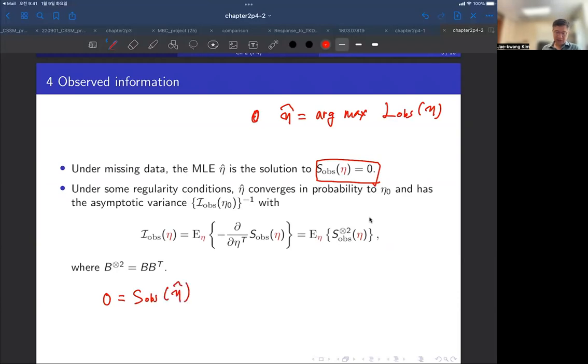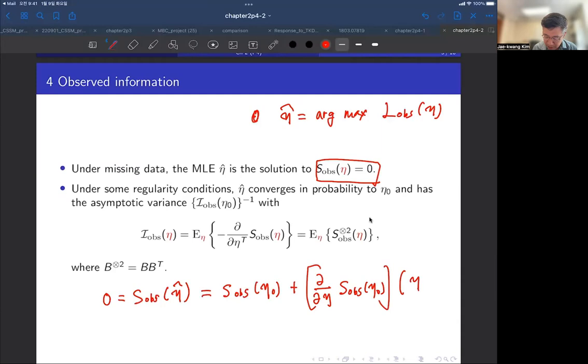The MLE theta hat is supposed to satisfy this equation, so we can take the Taylor expansion around the true value theta 0, theta hat minus theta 0, and from there we can compute the expectation.